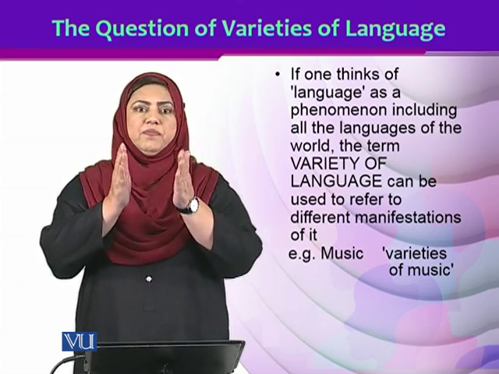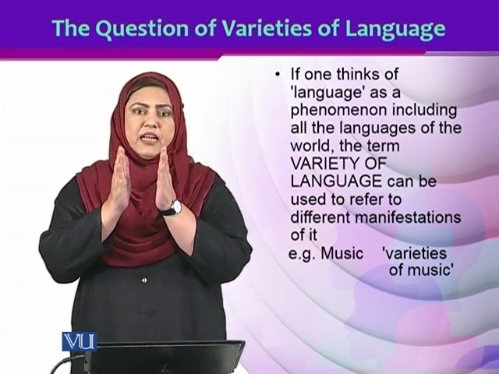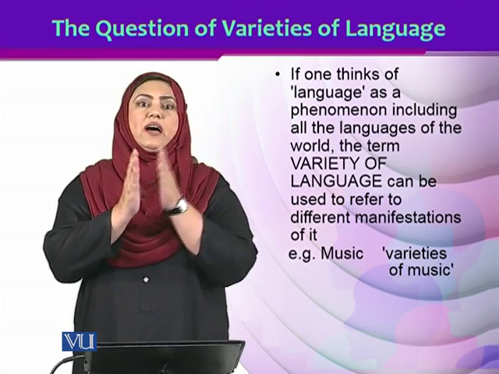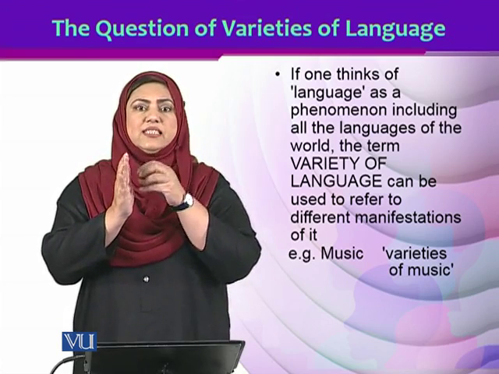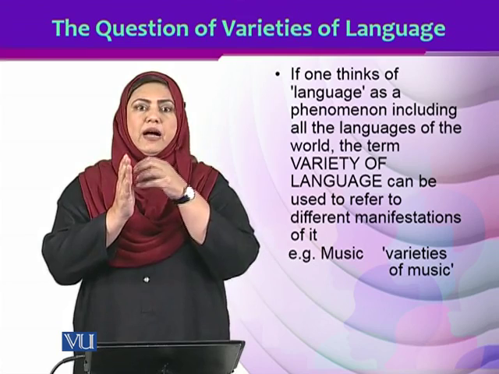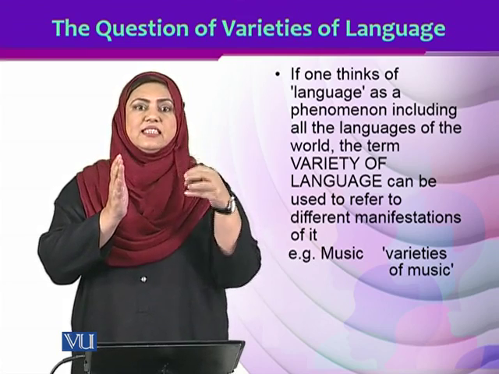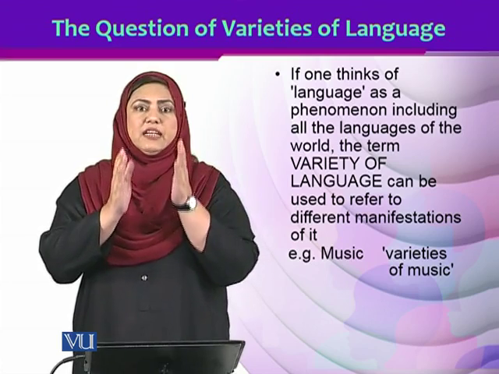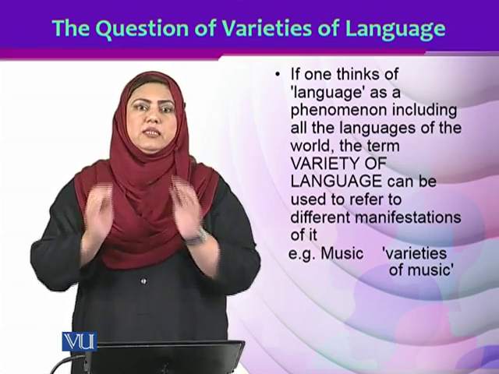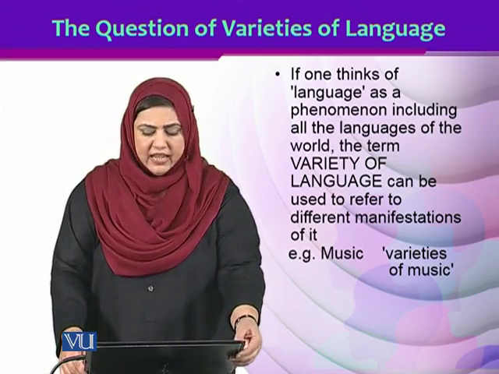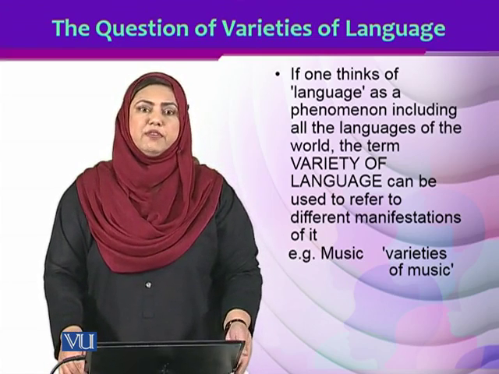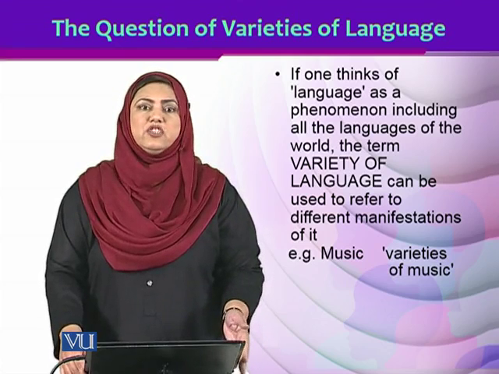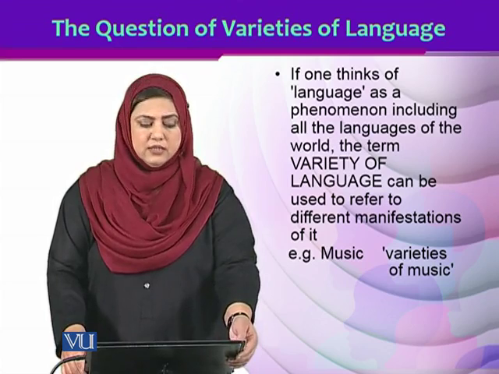We identify one variety of music by comparing and contrasting it with the other variety of music. So it is the process of identifying this relativity in relation to other types of music that we identify one particular type. Same applies to language, and there are different varieties of language or languages, which means in relation to each other, how do they differ?